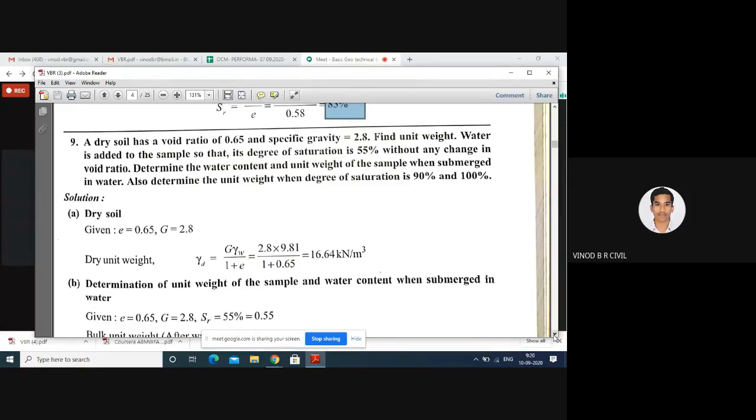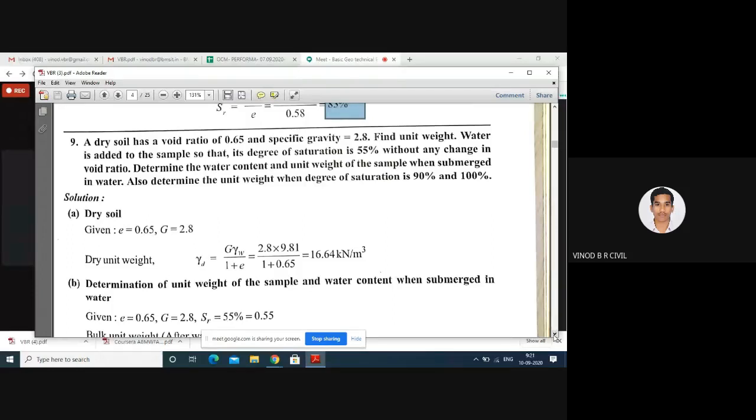See, this concept is simple. Four conditions are there. The first condition is completely dry soil, football ground soil. Degree of saturation is 0, void ratio 0.65, specific gravity is 2.8. The second condition is garden soil. Degree of saturation is 55%, void ratio also the same 0.65, specific gravity also the same 2.8. You have to calculate the bulk unit weight.